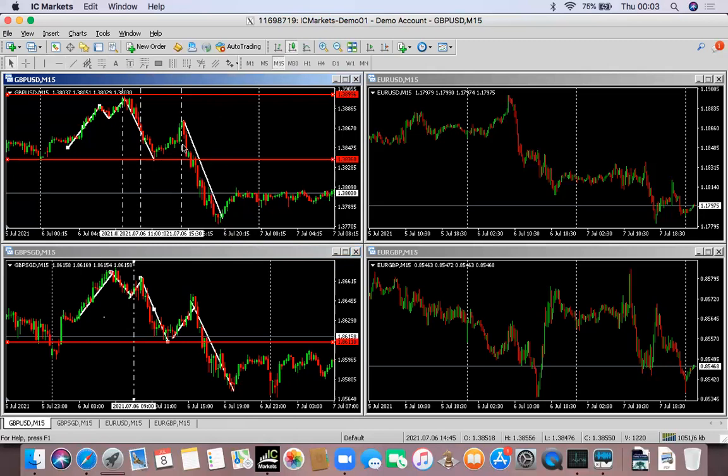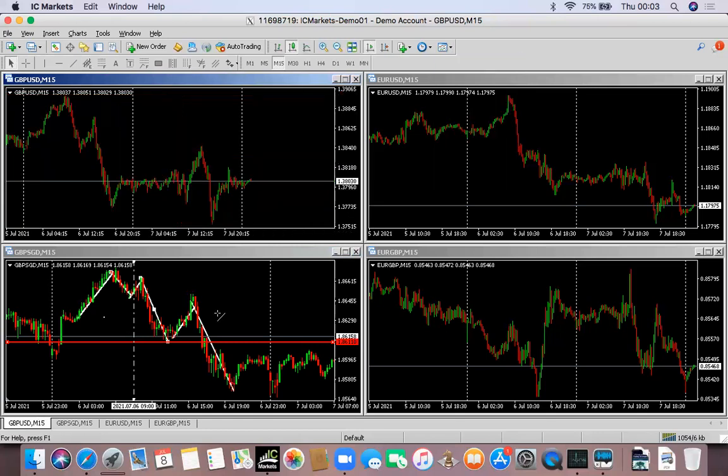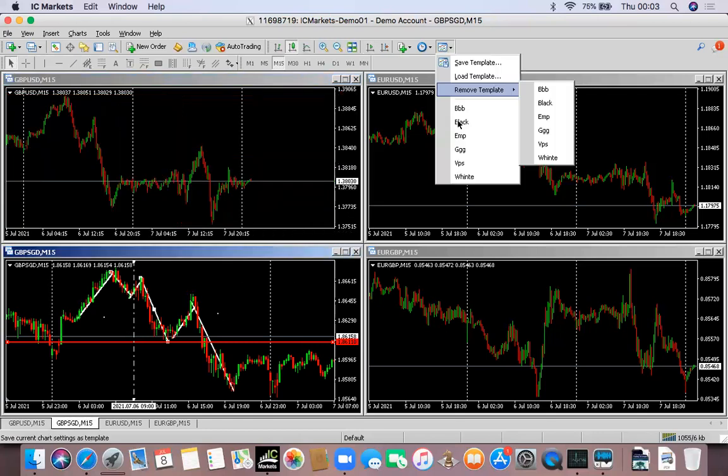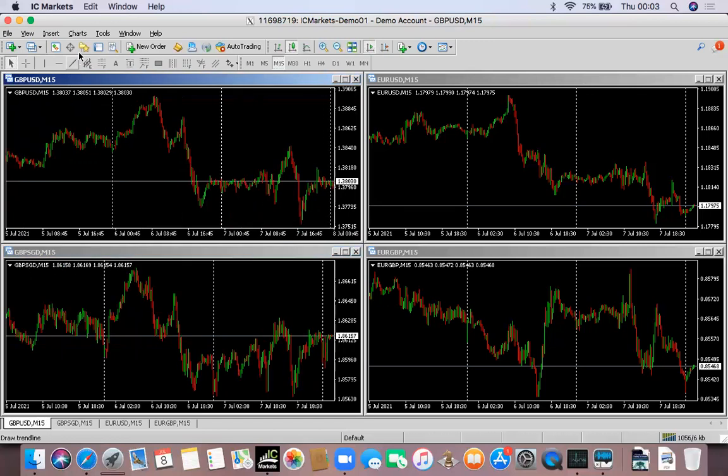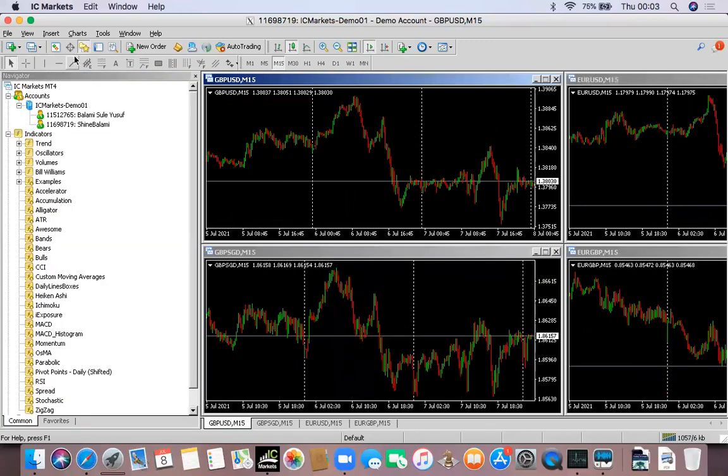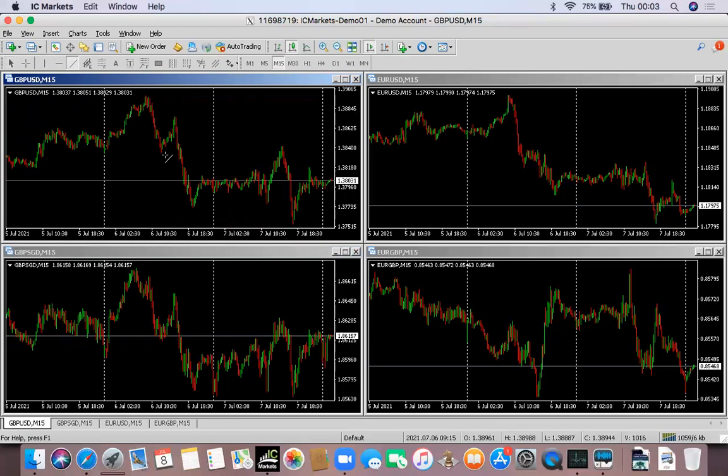How do you find your low? Let me just take this out. This is the 15 minute time frame, right? You could see this was an impulse and a pullback.